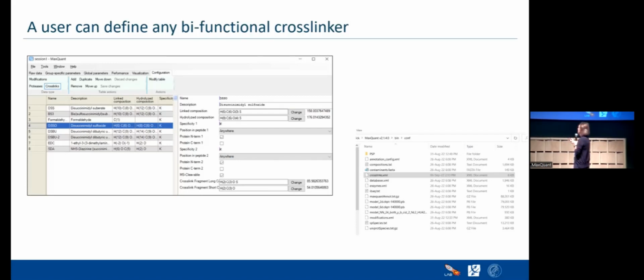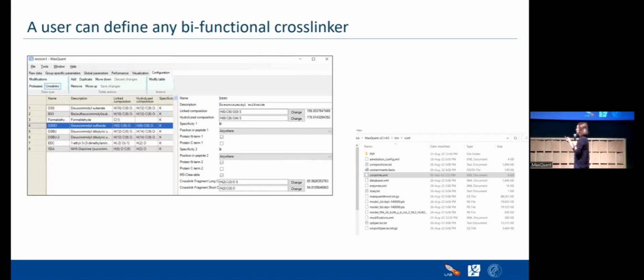And this part, the numeric part, will be calculated automatically after you define it. So you don't need to define it, you only need to define this formula. And the hydrolyzed composition is when your crosslinker is linked to one peptide, and one arm of the crosslinker is not reacted.